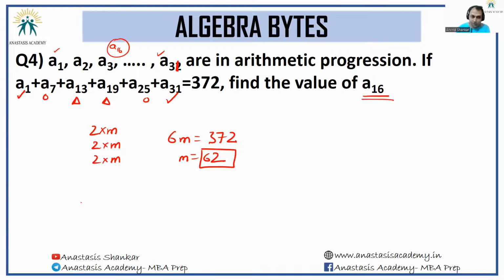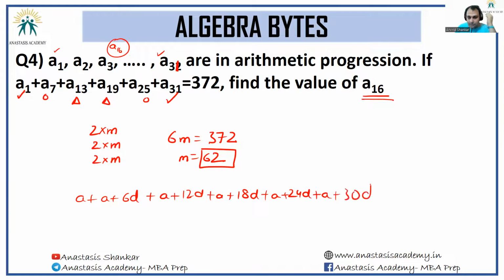Otherwise, you always have the option of A plus 6D plus A plus 12D plus A plus 18D plus A plus 24D plus A plus 30D. So we have 1, 2, 3, 4, 5, 6 of them.